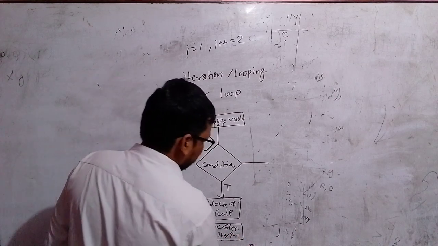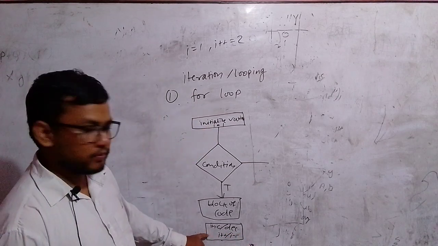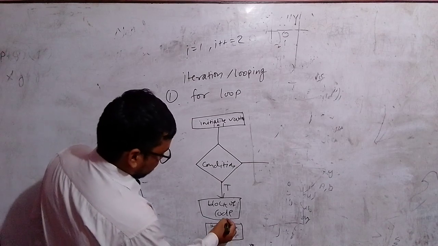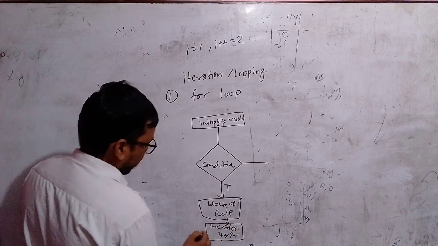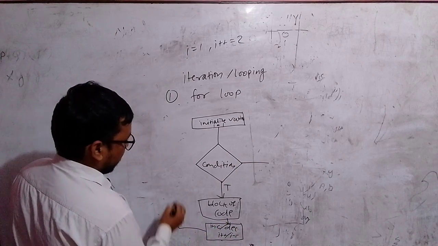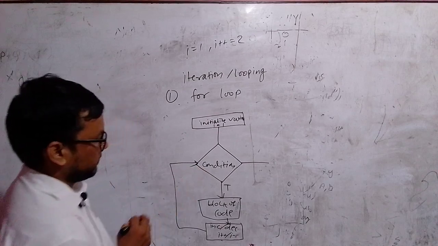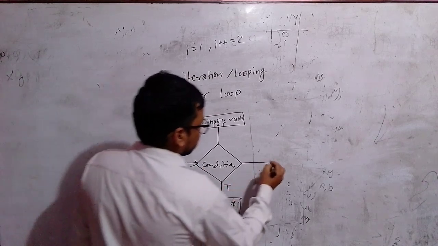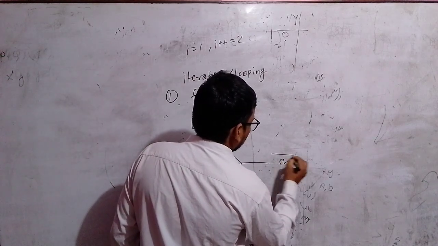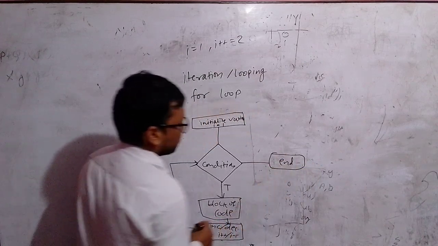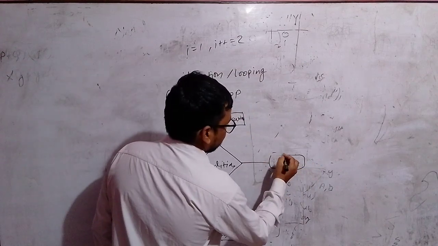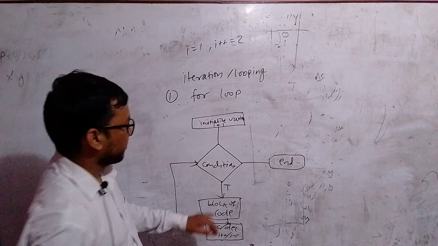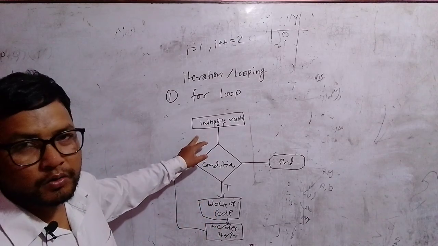Minus minus means decrement. After executing the code, it again goes here. And this is the end. We need to draw an oval shape, not a rectangle. Now this is the flowchart of the for loop.